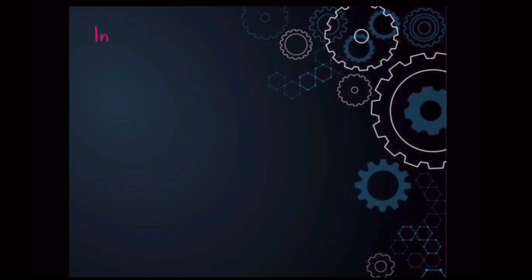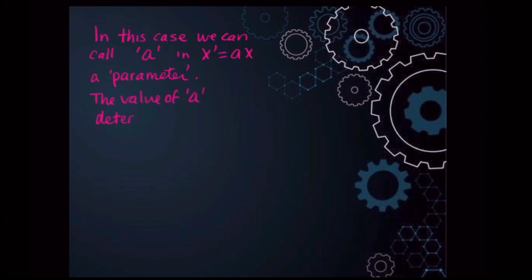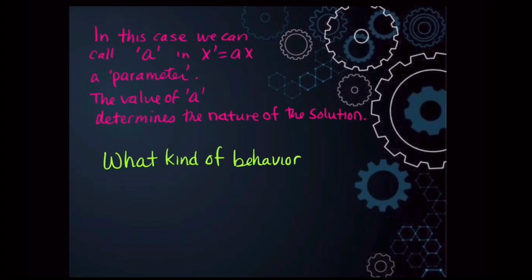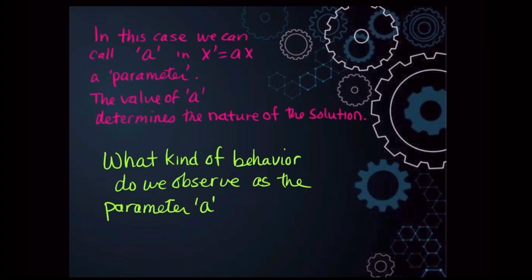So for this differential equation, x prime equals ax, we'll call a a parameter. And so the value of a determines the nature of the solution. That is, do we get exponential growth or do we get exponential decay? What kind of behavior do we observe as we vary the parameter a?